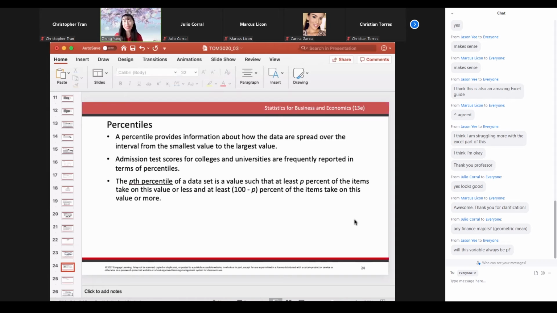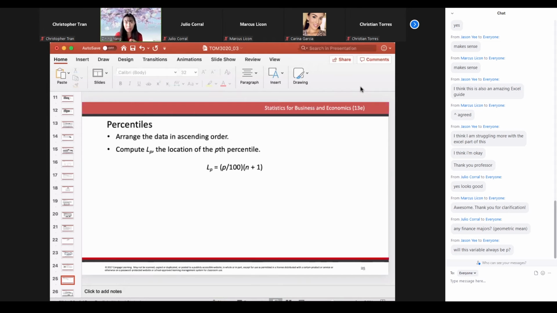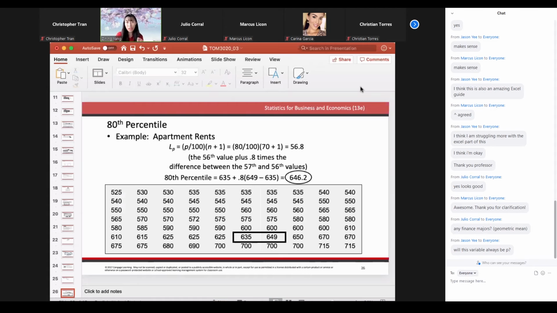So you are at the 70th percentile. So that's how this concept relates to the real world context. There is a calculation for finding the exact number, but because this is rarely used, I only show the example here, and you will be able to find that in the textbook. For practical purposes, usually we don't use that.